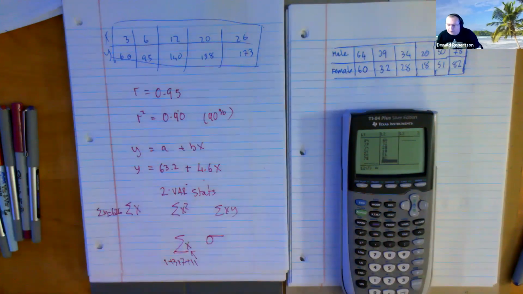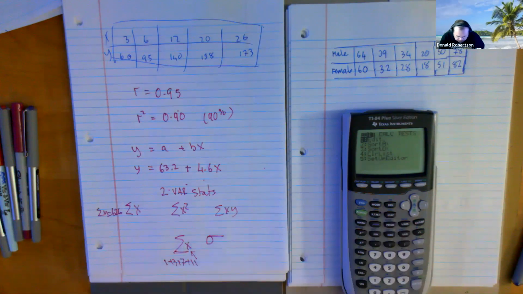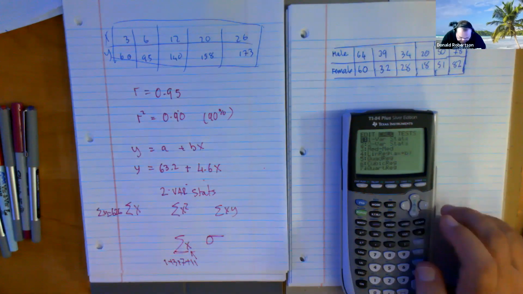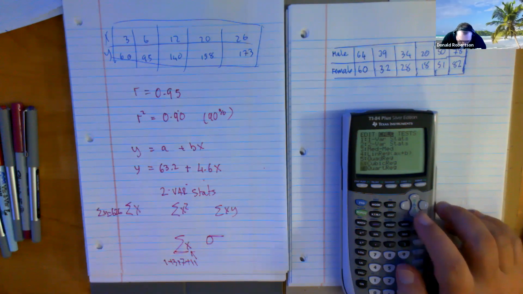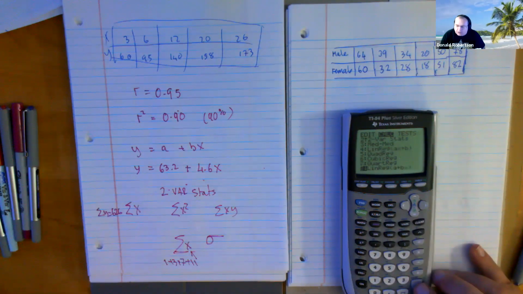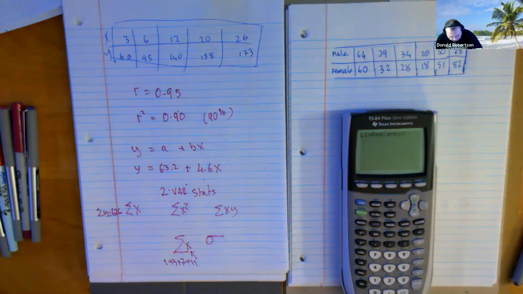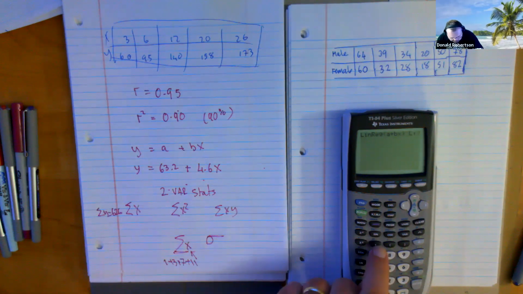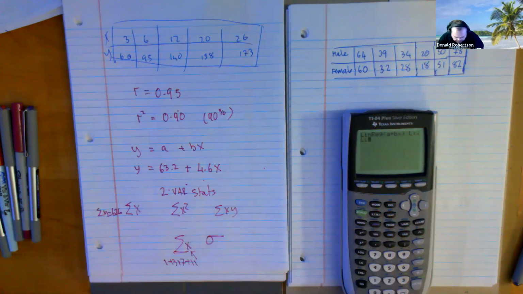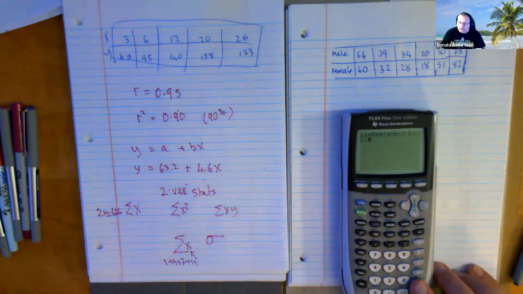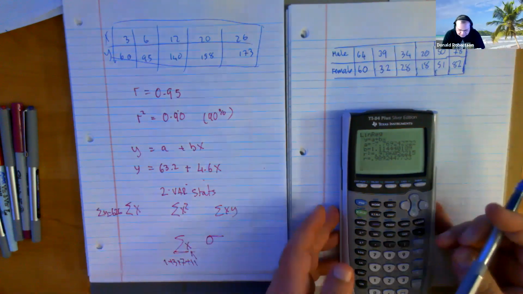Okay. So hopefully I got that in accurately. I'm going to go to start, go to calc, number 8, and the linear regression using the data from L1, which is the males, matching it with the data from L2, which is the females. We get this set of good stuff.